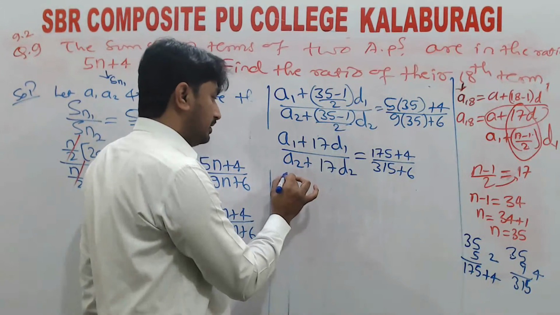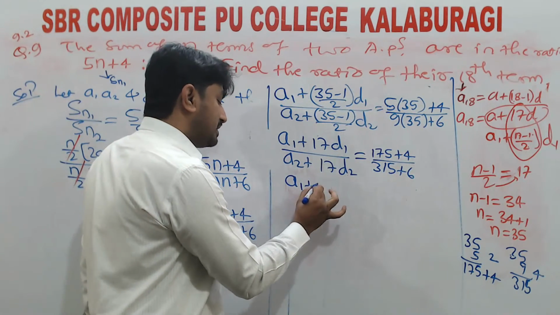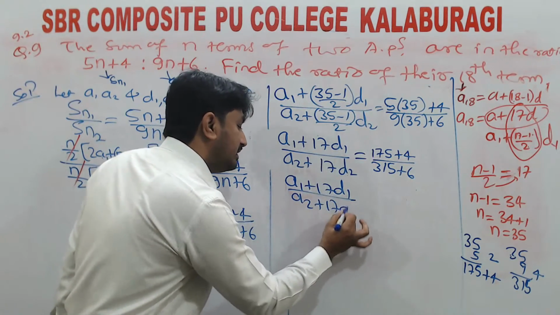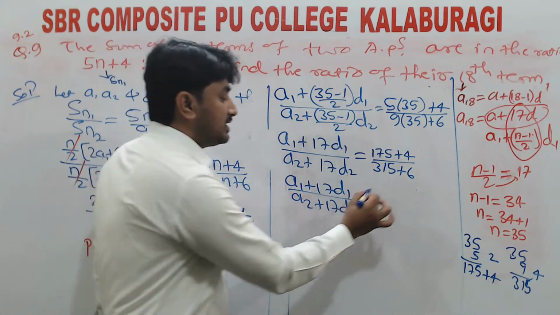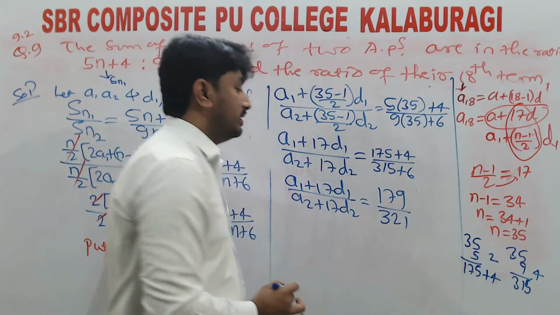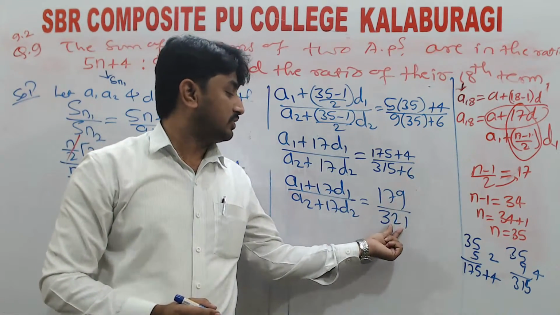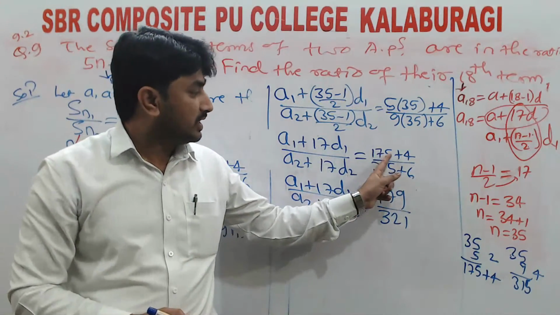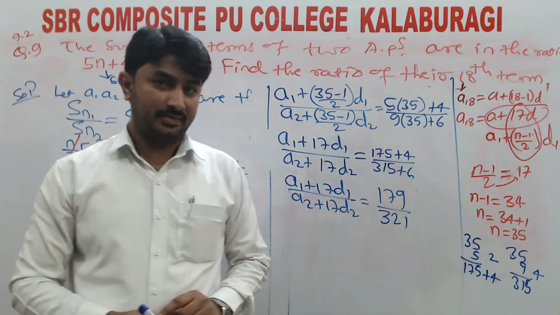So A1 plus 17 D1 divided by A2 plus 17 D2 is equal to 179 divided by 321. 315 plus 6 is 321, and 175 plus 4 is 179.